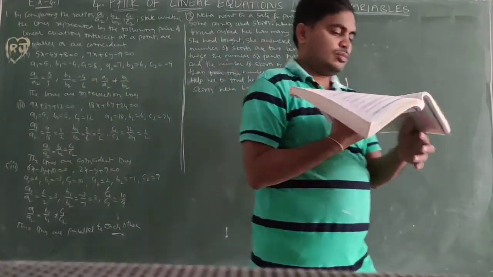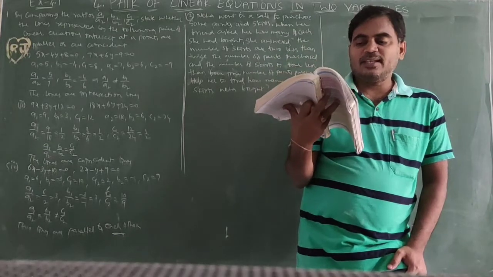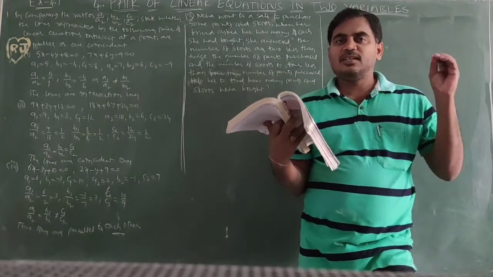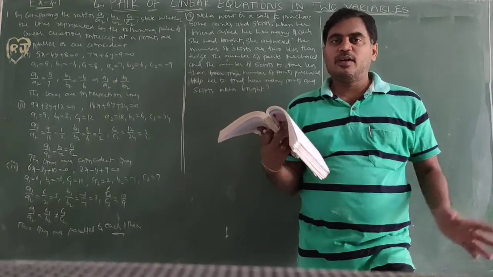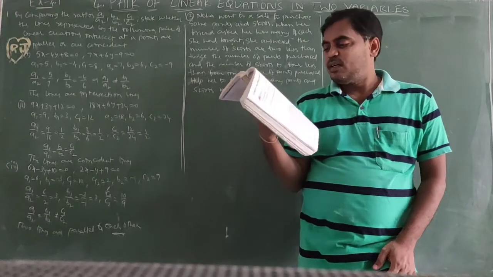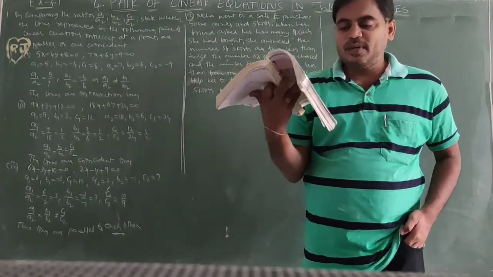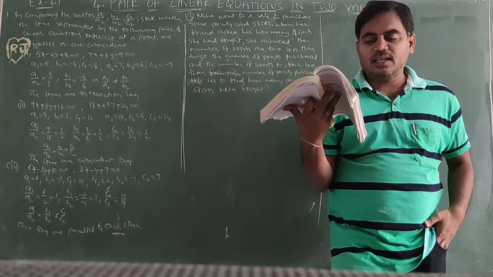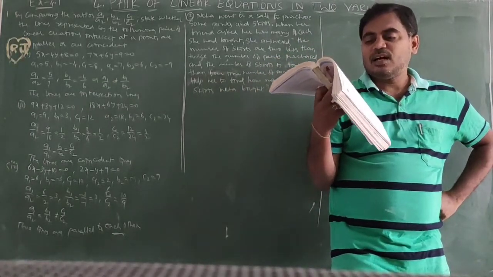Neha purchased some pants and skirts, how many we don't know. We need to find out how many skirts she bought and how many pants she bought. So when her friend asked her how many of each she bought, the number of skirts is 2 less than twice the number of pants.